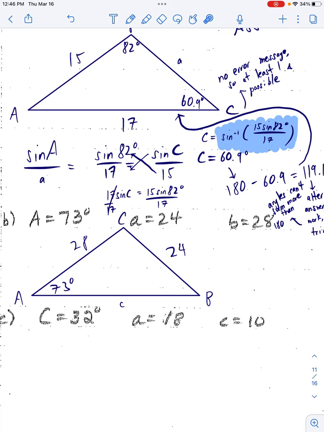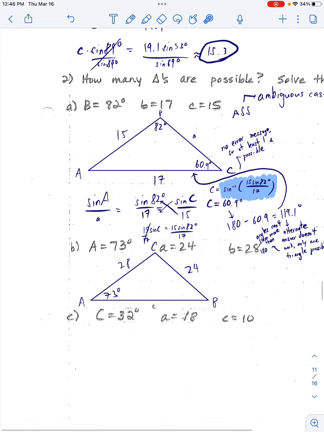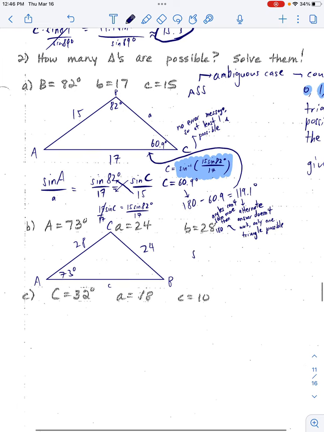So there could be 0, 1, or 2 triangles possible in this problem. We don't know yet, so we have to do the law of sines. Sine big A over little a equals sine big B over little b, which equals sine big C over little c.